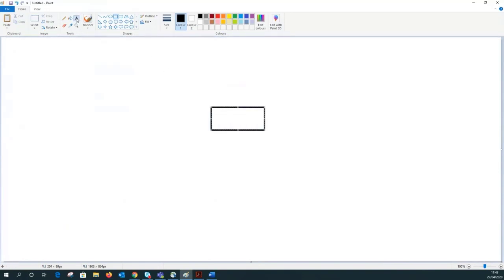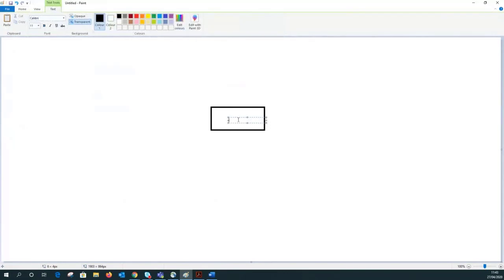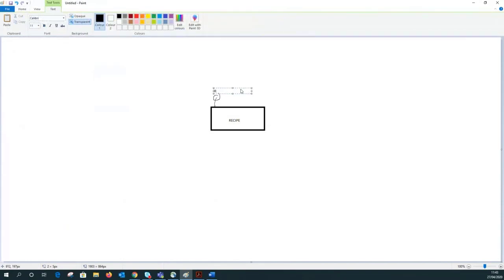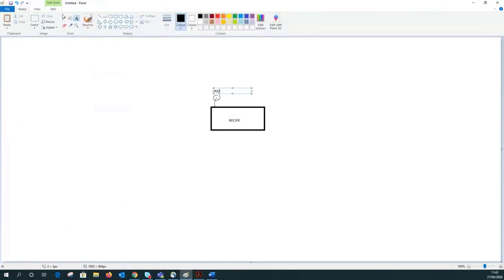I will name this as the recipe, RECIPE, recipe, and let me capture the attribute straight away, so I can remember. So recipe has a unique ID, so it looks like a recipe ID, something like this. So I just put RID, right? So I will underline that. Okay.